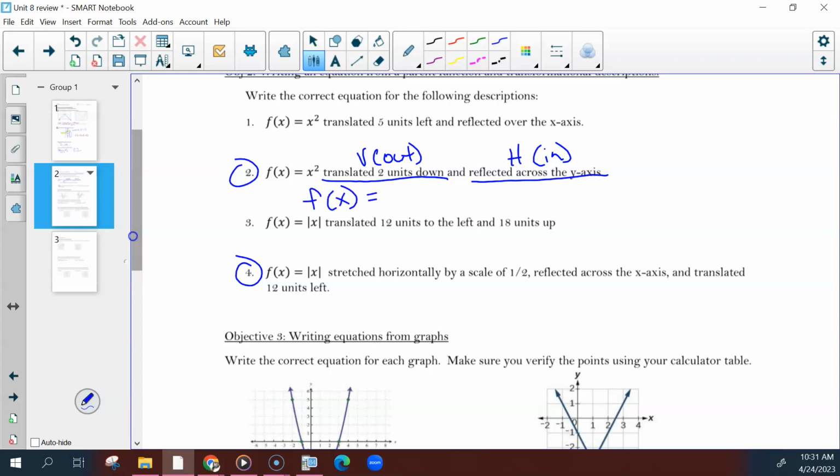F of x equals, we have something that goes on the outside, but does this go before the parentheses in the front or in the back? In the back. So the only things that go in the front are vertical reflections, vertical stretches, vertical compression. We don't have any of those. So it means our A value is going to be 1, so you can write 1. You don't have to write 1.